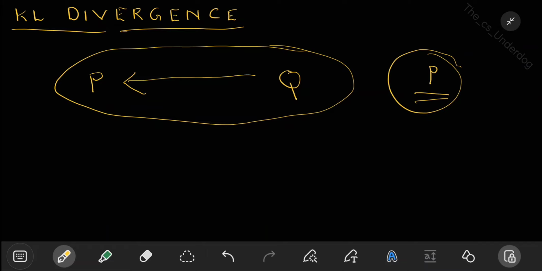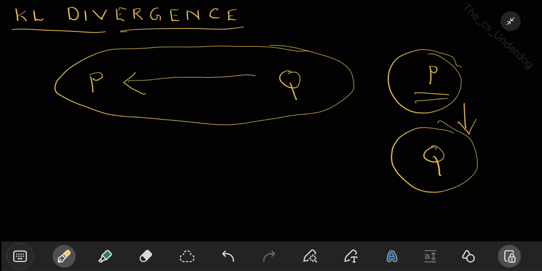In this case, what you do is you will approximate it using another distribution Q. So you will have a Q, which is an assumed distribution, and then you will approximate P using Q. In this case, you need to understand how much is Q divergent from P. Then only you will be able to understand how well you made an approximation.